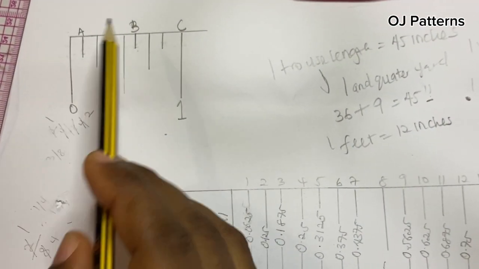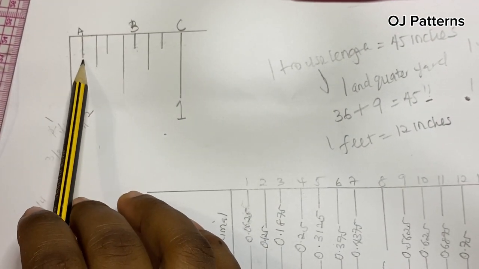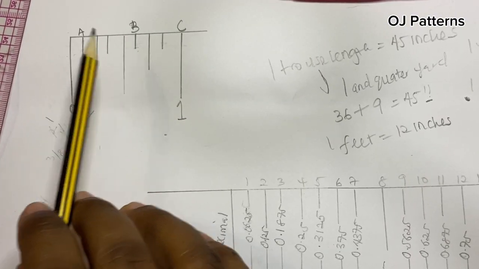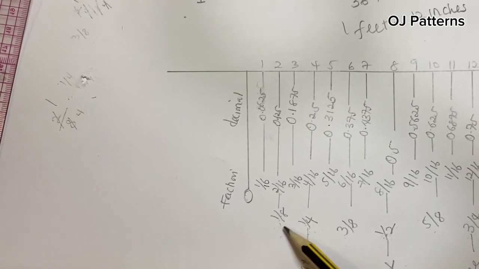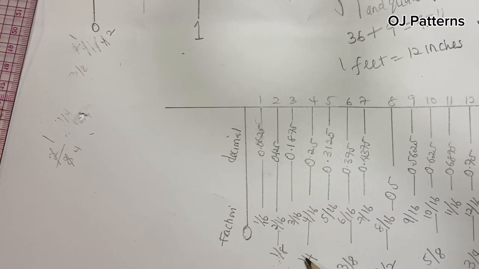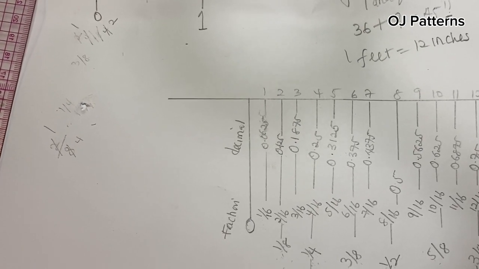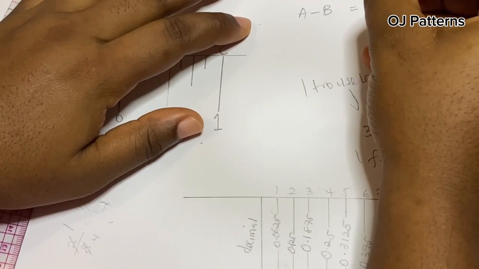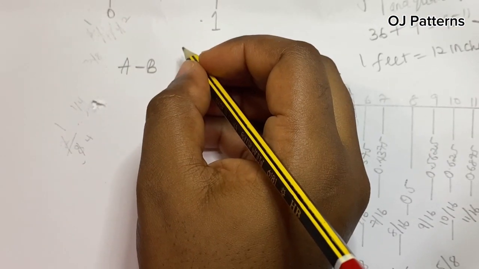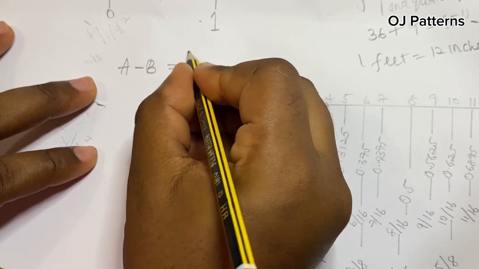It says A to B. What's A to B? That means you have to count 0, 1, 2, 3, 4. And this is 1/8. Once you get your 0, you start counting 1, 2, 3, 4. That's half an inch. So A to B is half an inch. That's 1/2.